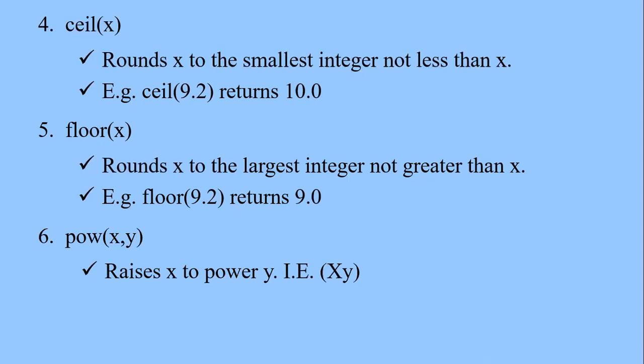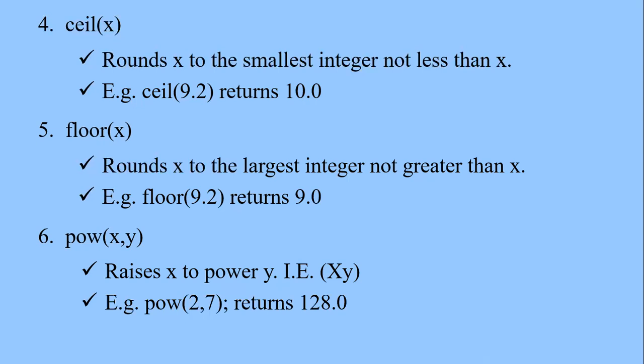So POW parentheses x comma y simply means raise x to power y. For example, POW in parentheses 2,7 returns 128, meaning it is 2 raised to power 7.